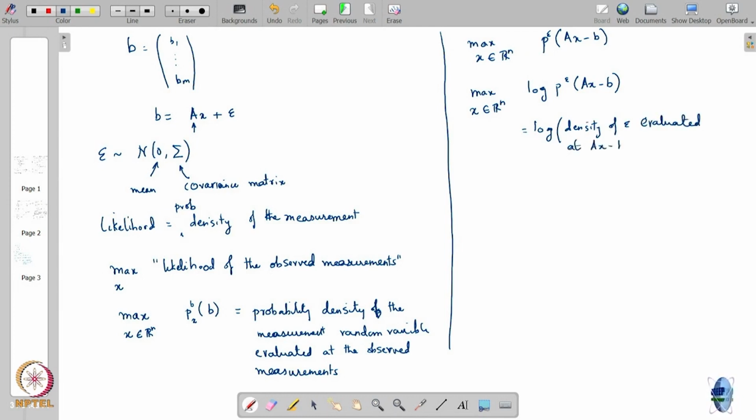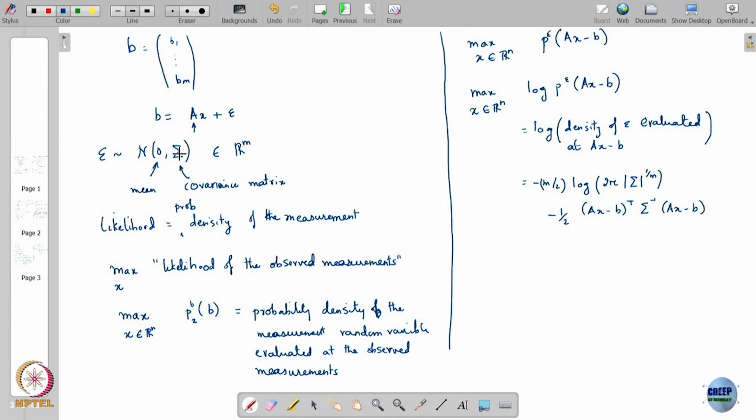Because epsilon was, remember, in R^m and a Gaussian random variable, the log of this has an expression: minus m by 2 times log of 2 pi times the determinant of sigma raised to 1 by m, minus half (Ax minus b) transpose sigma inverse (Ax minus b), where, remember, sigma is the covariance matrix of the random variable.